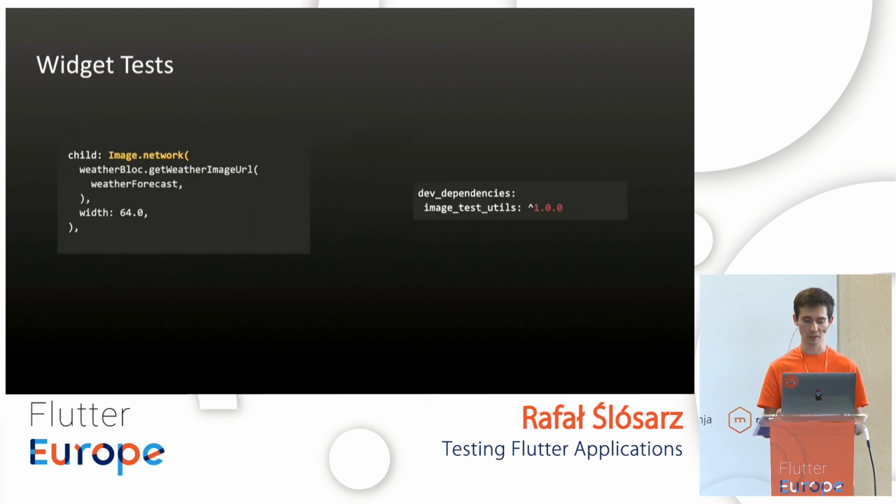And what I would also like to say is that with widget tests we can encounter a lot of problems when it comes to using existing widgets that already have some business logic inside. A nice example of it is the Image widget with Network constructor. What this widget does is it takes the URL and tries to display the image taken from the network.